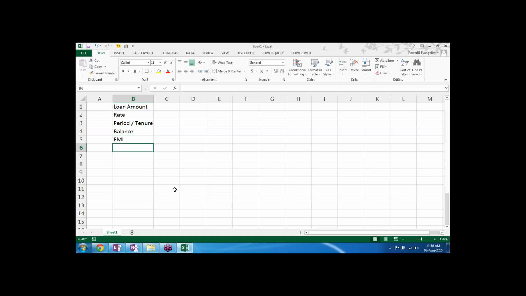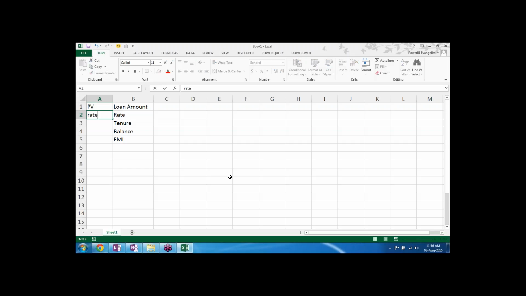These are the terms whenever we talk about any loan or any bank related things. Tenure only we will put. Now they have similar terms in Excel. Loan is termed as PV, which stands for principal value or present value.